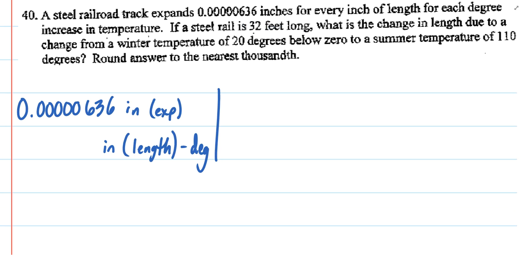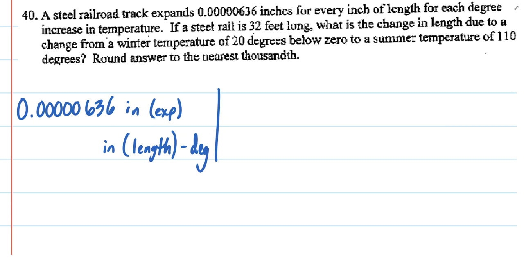So I had to pause the video here to set this one up first, and this is kind of interesting because our unit in this case is 0.0000636 inches of expansion for every inch of length per degree of change.